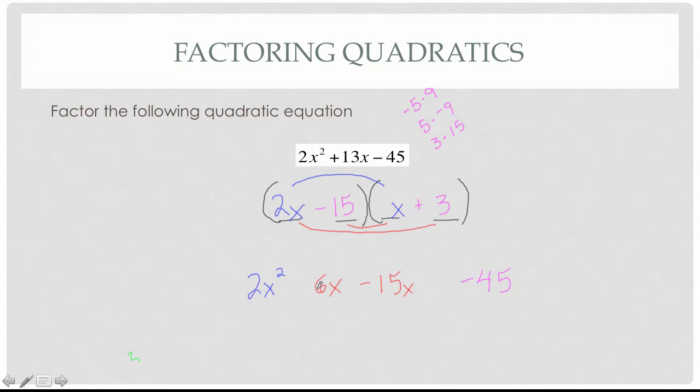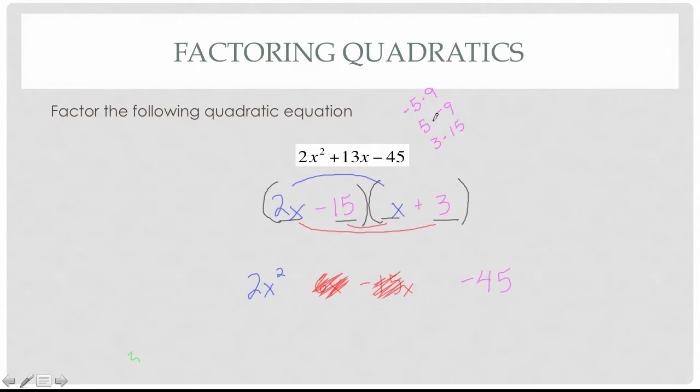That's not the 13 that I need. So I'm going to rule out that one. It is not negative 15 and it is not 3. If I switch them, if I put negative 15 here, I'm going to end up with negative 30x plus 3x. That's not right either. So I'm sort of doubting myself. I'm thinking 15 and 3 are not what I want.